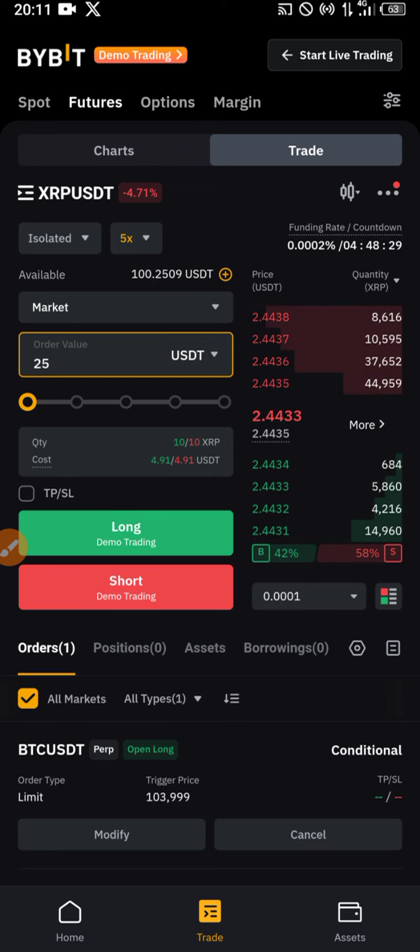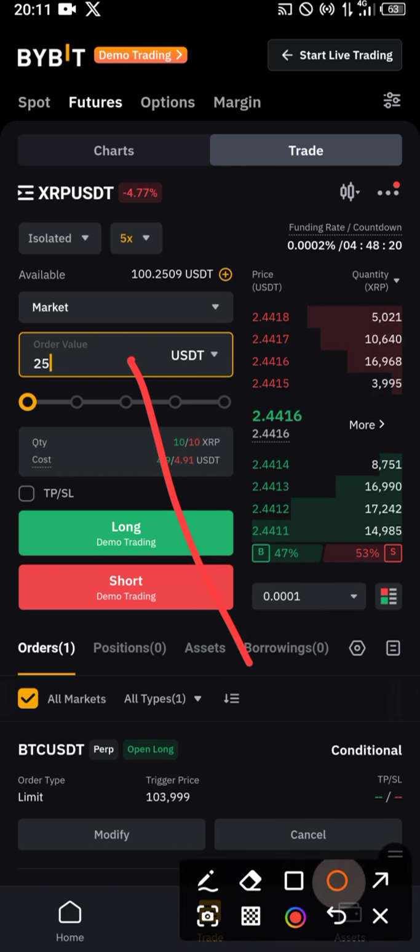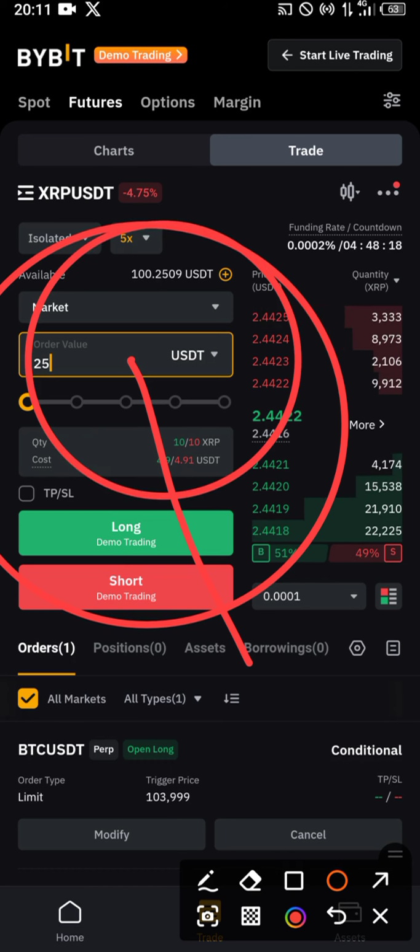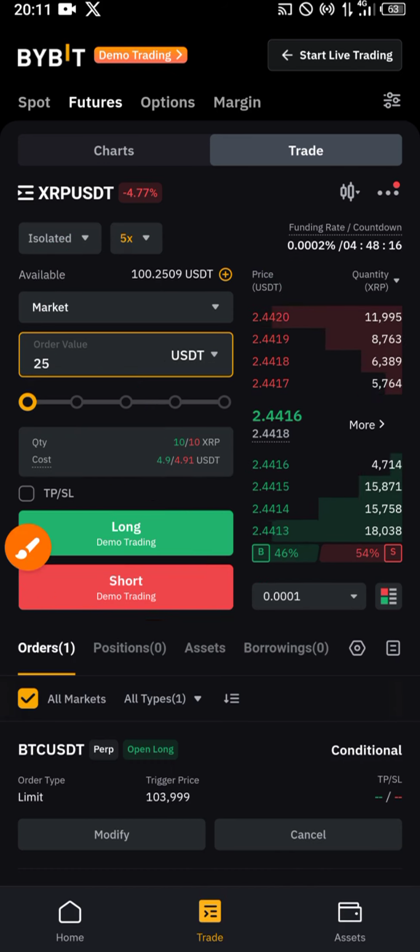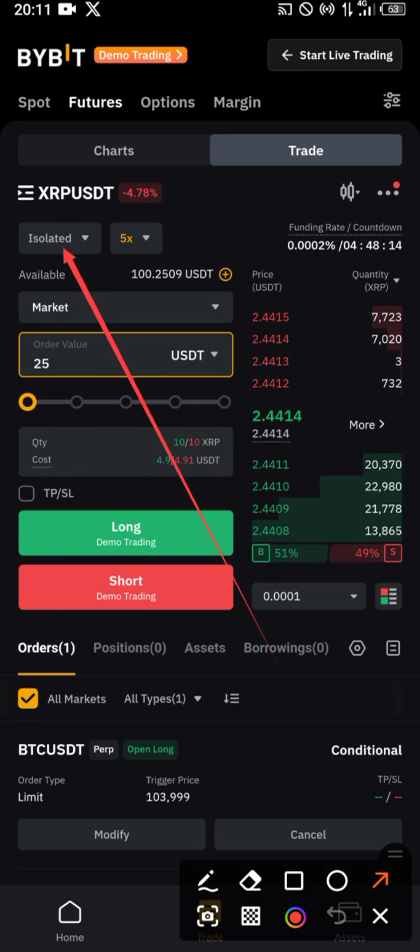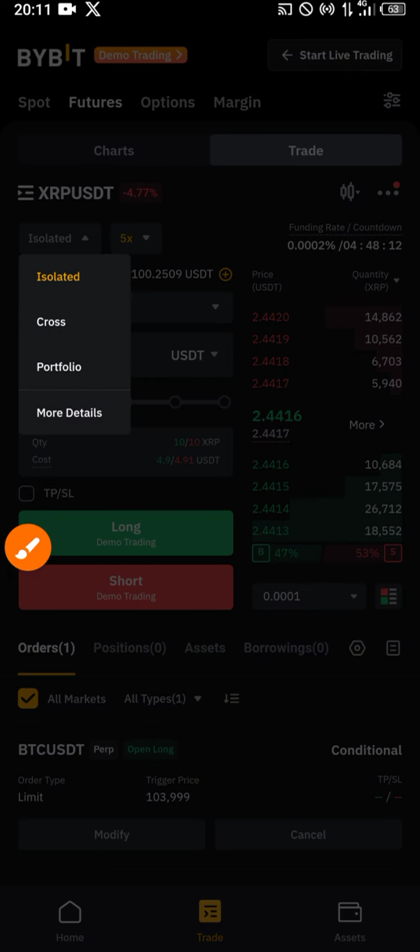And we have two margin types right here. You can see if you click on it, we have isolated and cross.